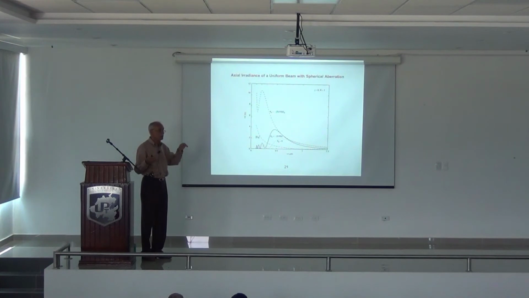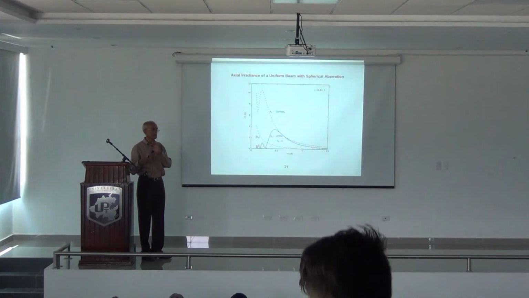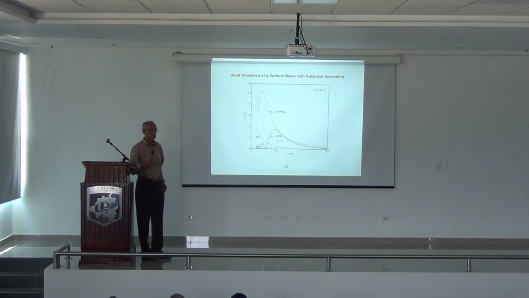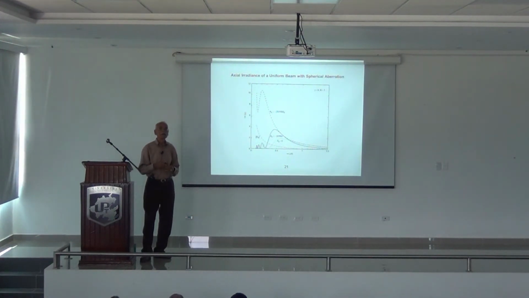But the amplitude being uniform, I'm talking at the pupil. When it gets focused, you get the Airy pattern, no longer uniform. And similarly in between. And in much of the discussion I had, we were making measurements only along the axis.